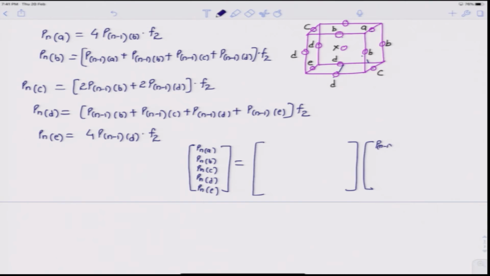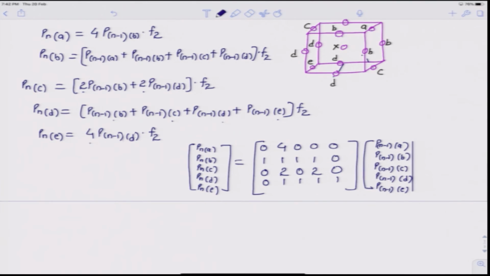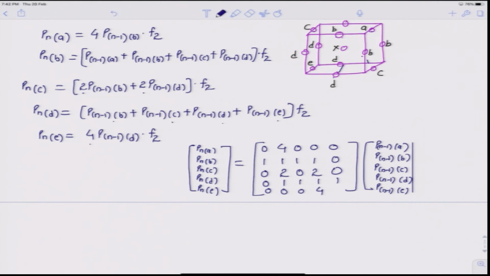We have P n minus 1 of A, P n minus 1 of B, P n minus 1 of C, P n minus 1 of D, P n minus 1 of E, and there would be a 5 by 5 matrix here, which we can write as 0, 4, 0, 0, 0, then 1, 1, 1, 1, 0, then 0, 2, 0, 2, 0, then 0, 1, 1, 1, 1, and 4 times P n minus 1 of E, so this should be 0, 0, 0, 4, 0.